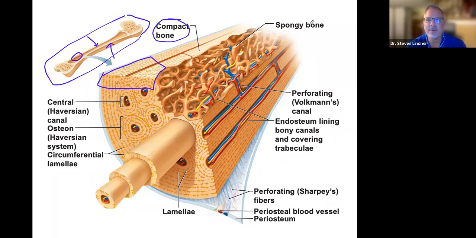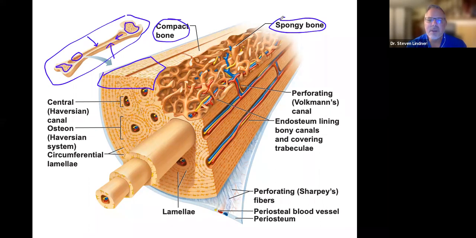That's compact bone. Whereas in the center of that, here, in the center here, or even the proximal portion and the distal portion, that's all considered spongy bone.